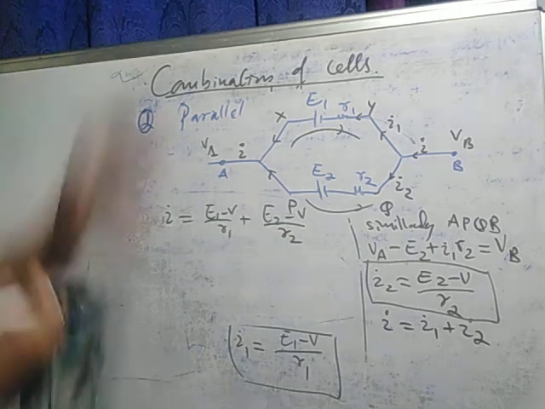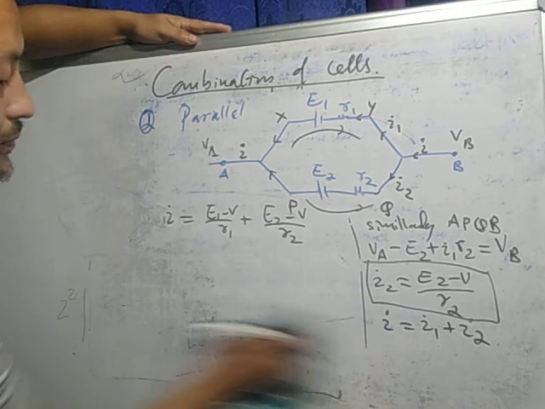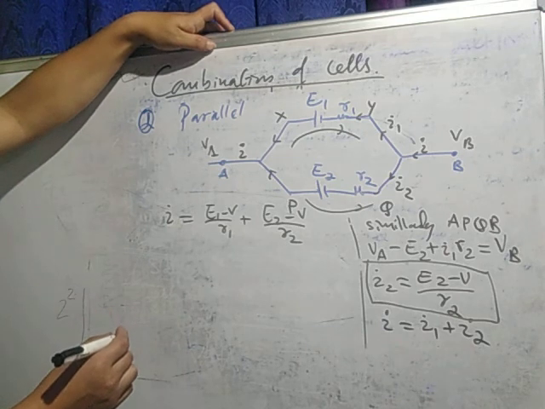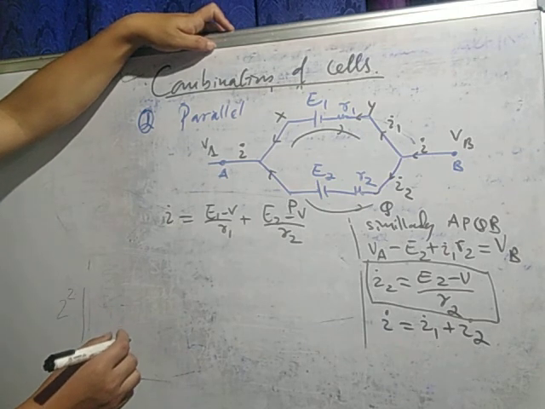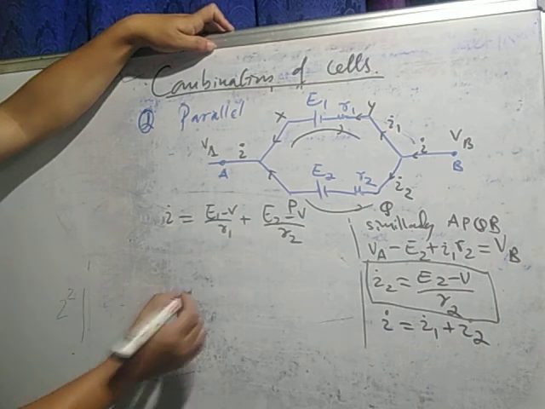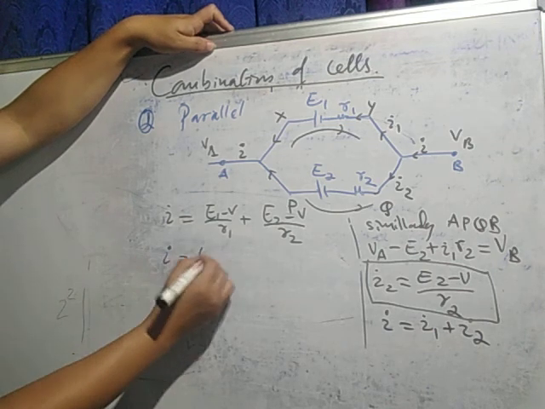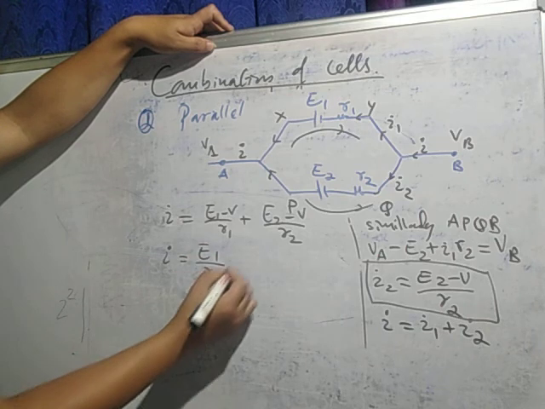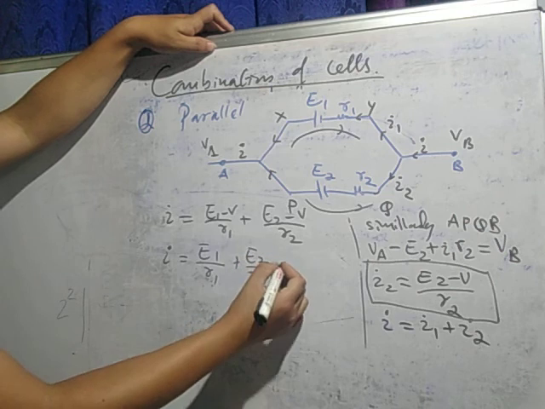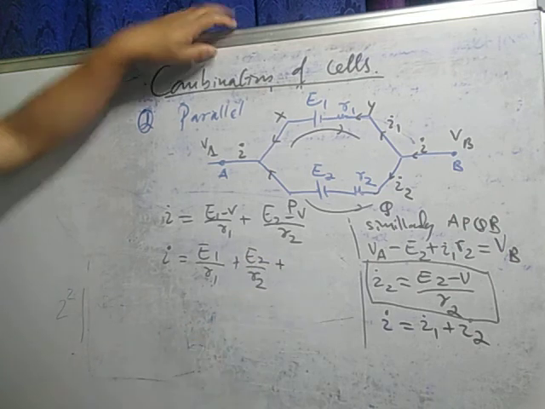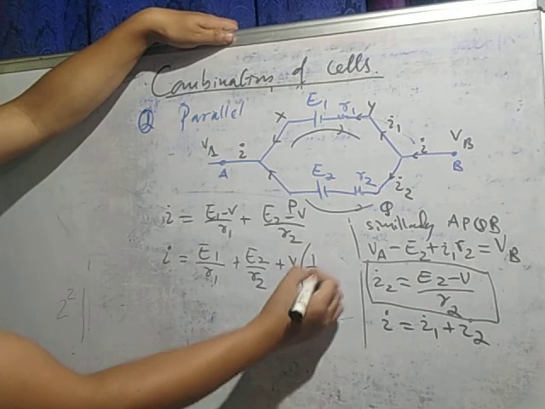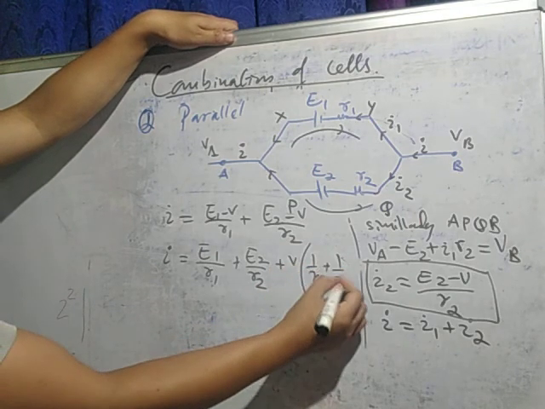Now take the LCM and add, isn't it? You'll get, so how much? If you do, then you'll get I equals to E1 by R1 plus E2 by R2. Clear? Then plus, this is V, V is common, isn't it? V times 1 by R1 plus 1 by R2.